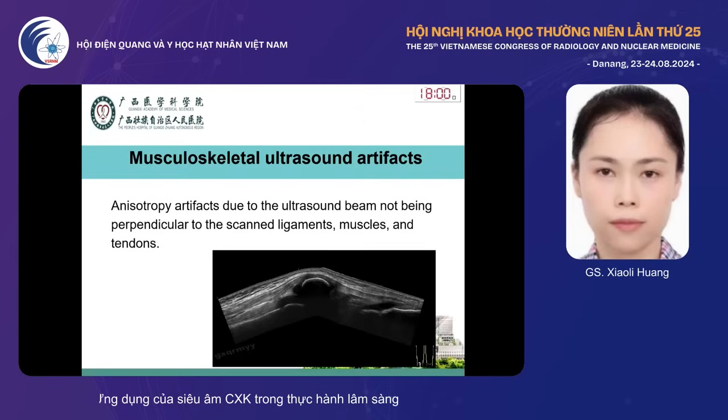In addition, we would like to remind everyone to pay attention to a common artifact in musculoskeletal ultrasound, anisotropy artifact. A slight change in the angle between the fibrous structure and the incident beam can lead to a significant change in echo, which needs to be corrected by adjusting the angle of incidence to avoid misdiagnosis.